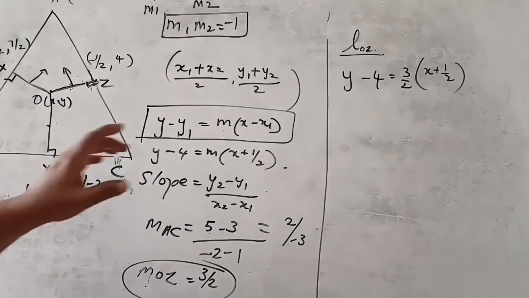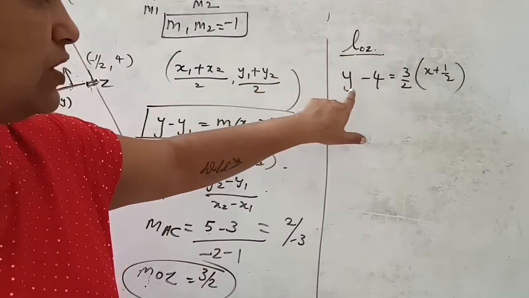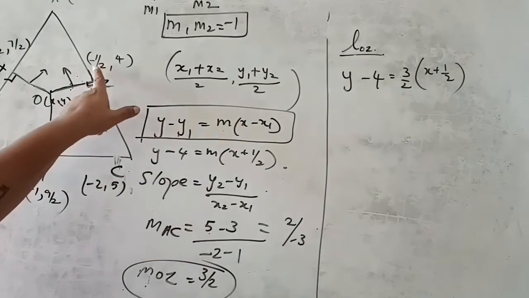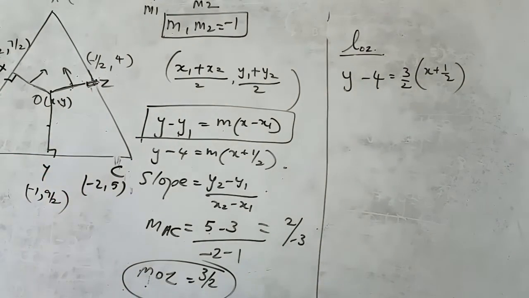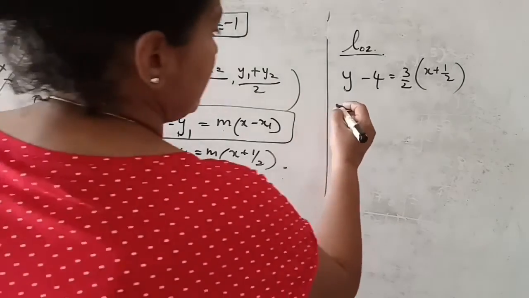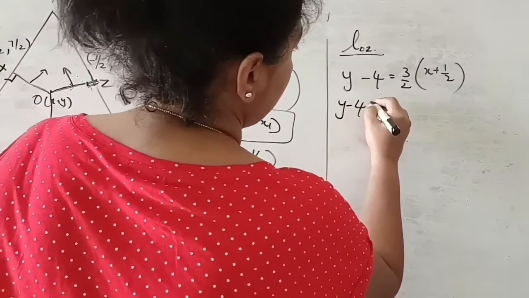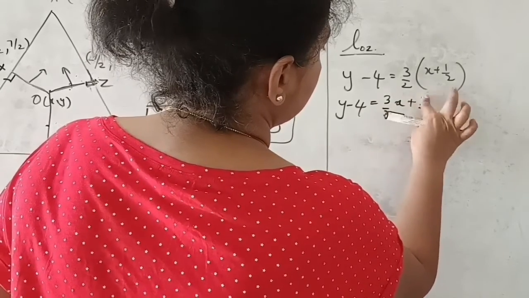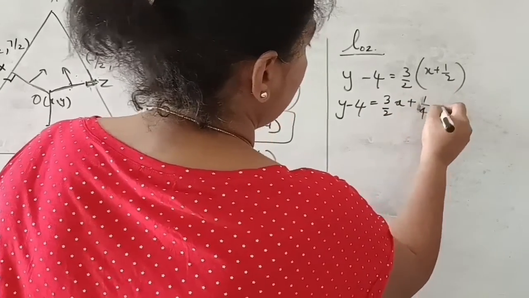So here I have written down the equation of the line OZ, y minus y1 equals m into (x plus 1 by 2). Now I will simplify this equation and write it as y minus 4 is equal to 3 by 2 x plus 1 by 4.